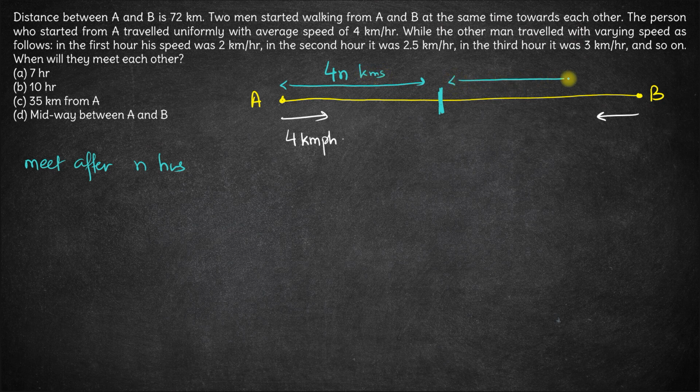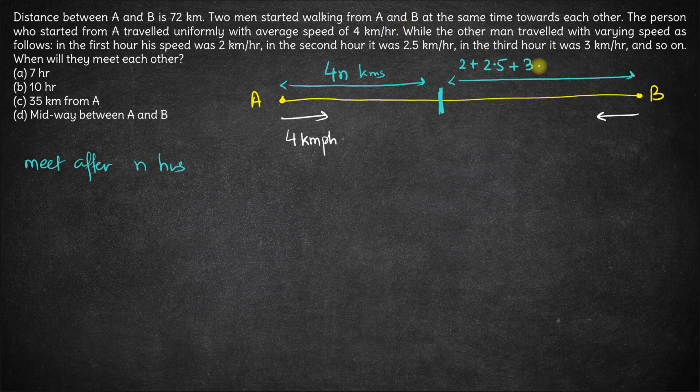What about the distance traveled by the person starting from B? Now in the first hour, he will travel 2 kilometers, right? His speed is 2, and in the first hour, he will travel for 1 hour, right? So 2 into 1 is the distance traveled. Now in second hour, his speed is 2.5 and time is 1 hour. So 2.5 into 1 is 2.5 kilometers.